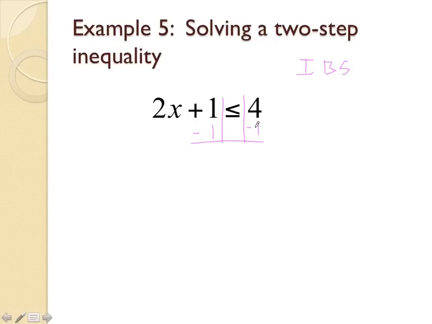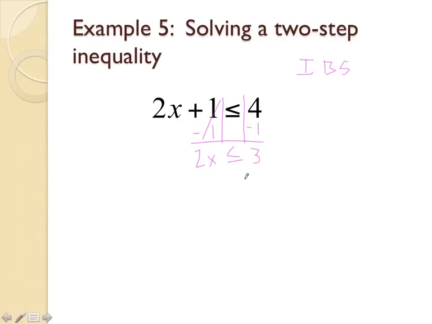I balanced it, I took the inverse, I balanced it, and now I'm going to solve. These would cancel out. I'm going to bring down what's left over, which was going to be 2x. I bring down my inequality sign. I'm not dividing or multiplying, so I don't switch the sign. Okay, it has to be a negative that you're multiplying or dividing by. And then I compute this side. 4 minus 1 is 3.